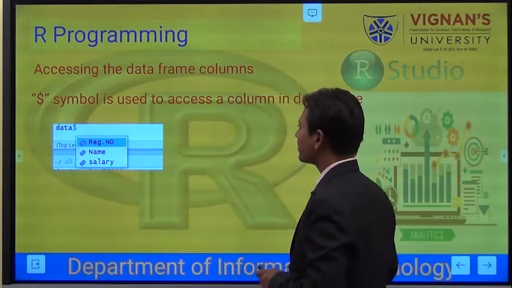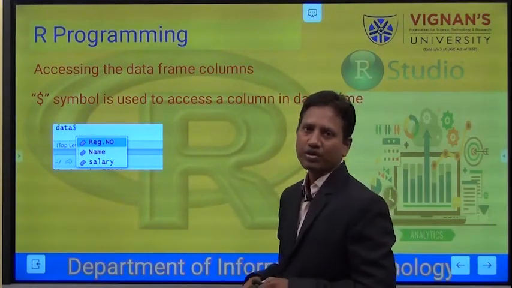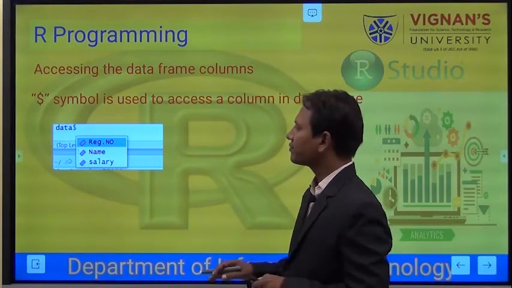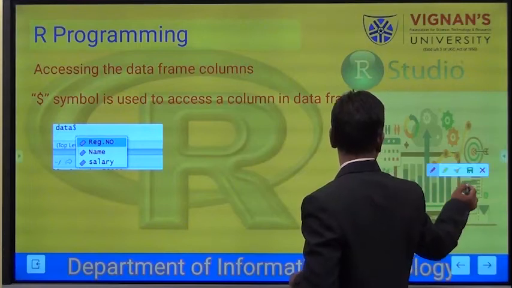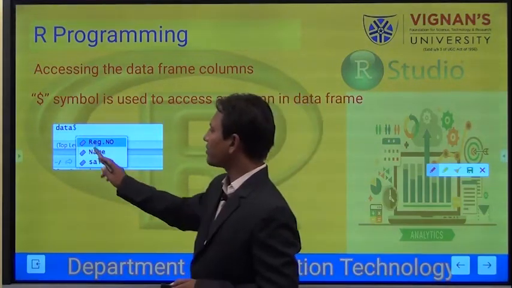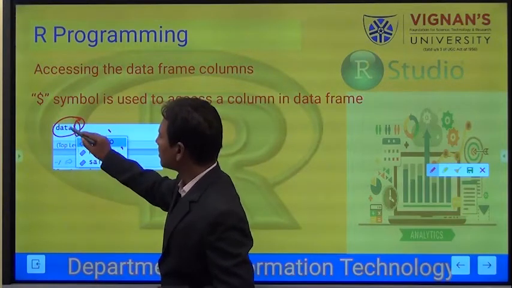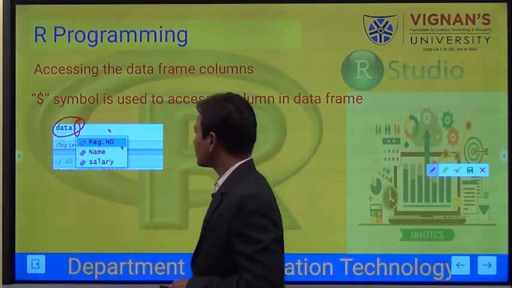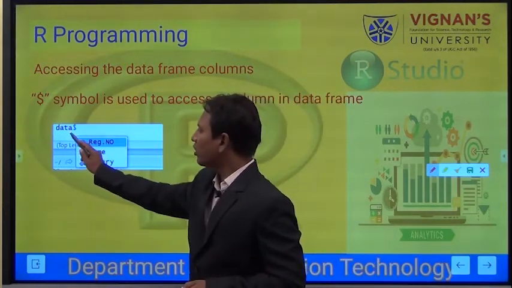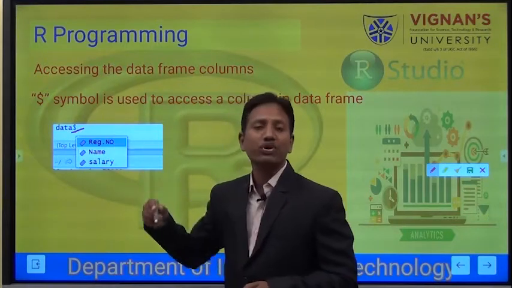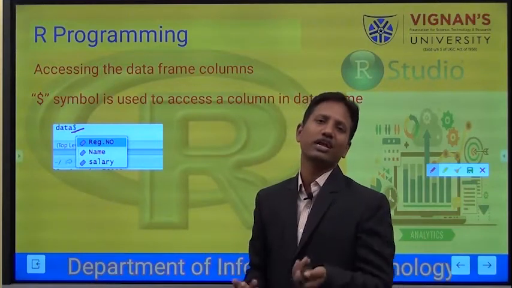See this. This is a snapshot I have taken from RStudio. Once we create a data frame, here my data frame name is data, and here I have used this dollar symbol. Once I use this dollar, RStudio itself is going to show us how many columns are available in that data frame.